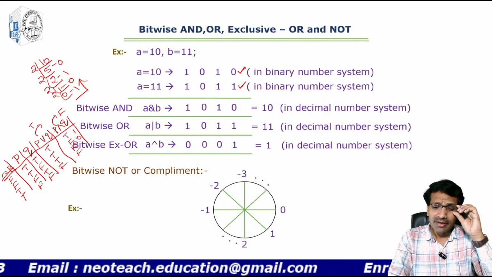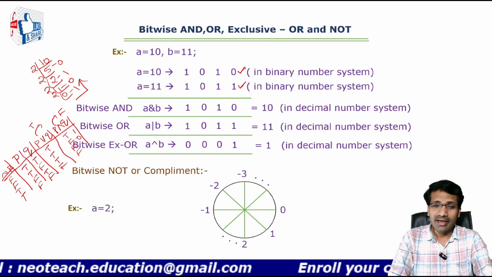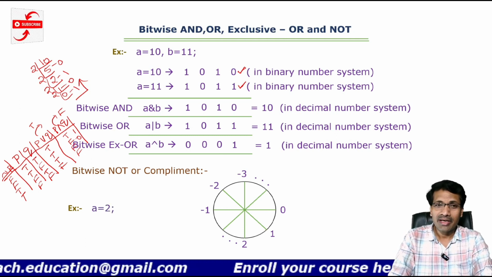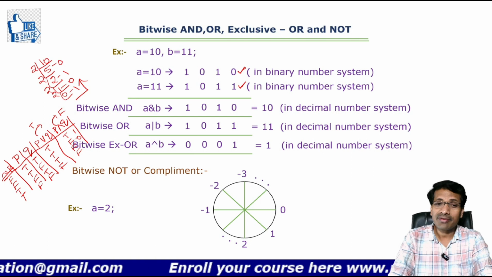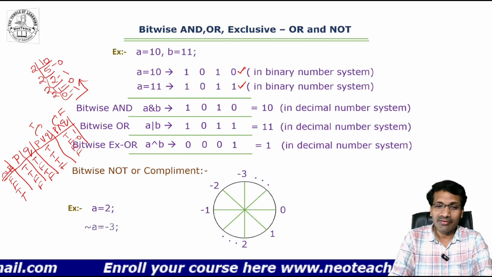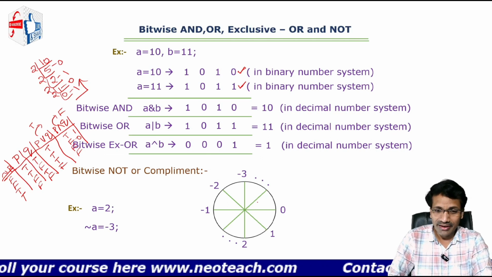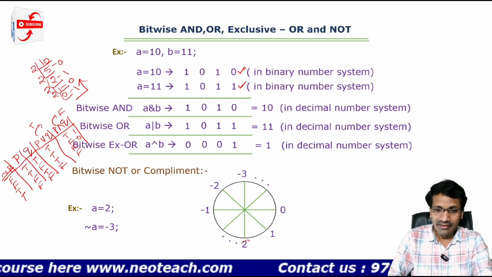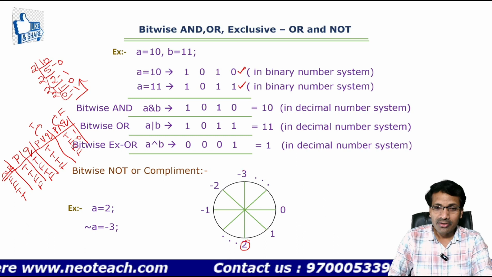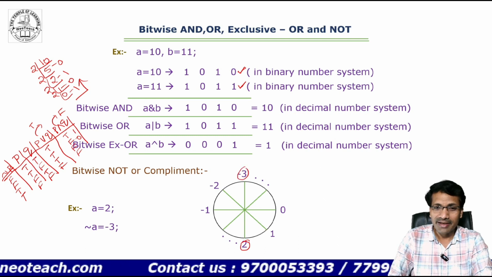Now in the example I want to take one A value equal to 2. Now I want to find the bitwise NOT or complement of A. That value is minus 3. See, I am taking 2 here, and the opposite value of 2 is minus 3.